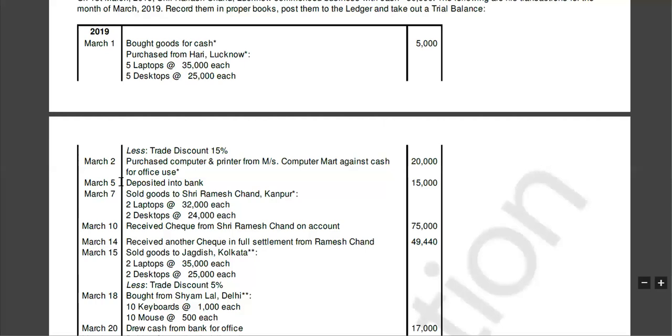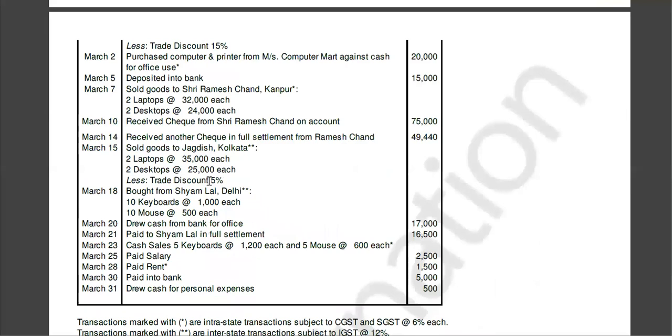March 5, deposited into bank. This transaction goes to cash book, and this is also a contra entry. This entry is a contra entry and comes under the head of cash book. March 7, sold goods to Sri Ramesh Chand, Kanpur, 2 laptops, 32,000 each.